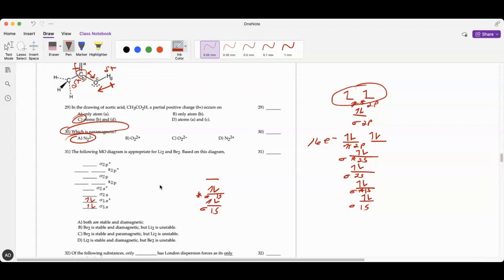I have a question, and this might be a stupid question. There are no stupid questions. How come when we're drawing Lewis structures, we look at the group for electrons, but here we're looking at the atomic number? Because we need to know how those electrons are distributed in the molecular orbitals.